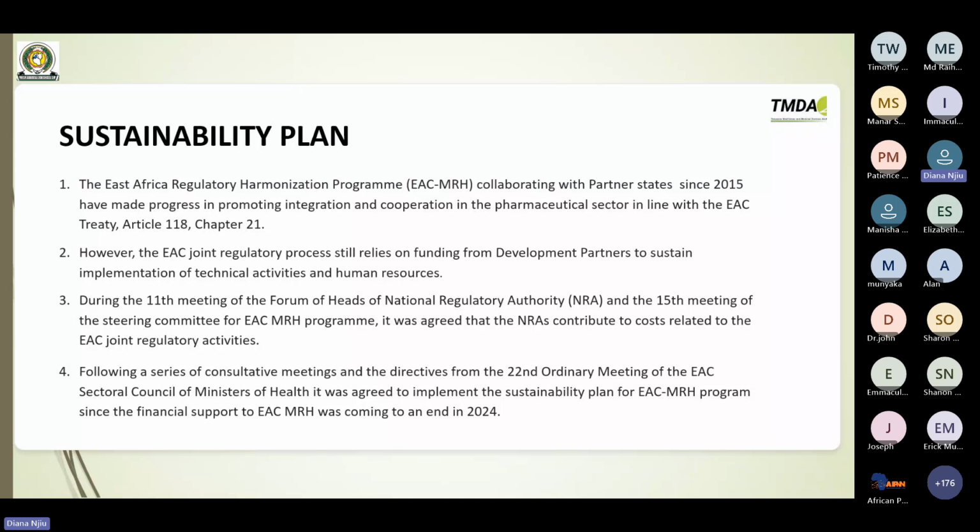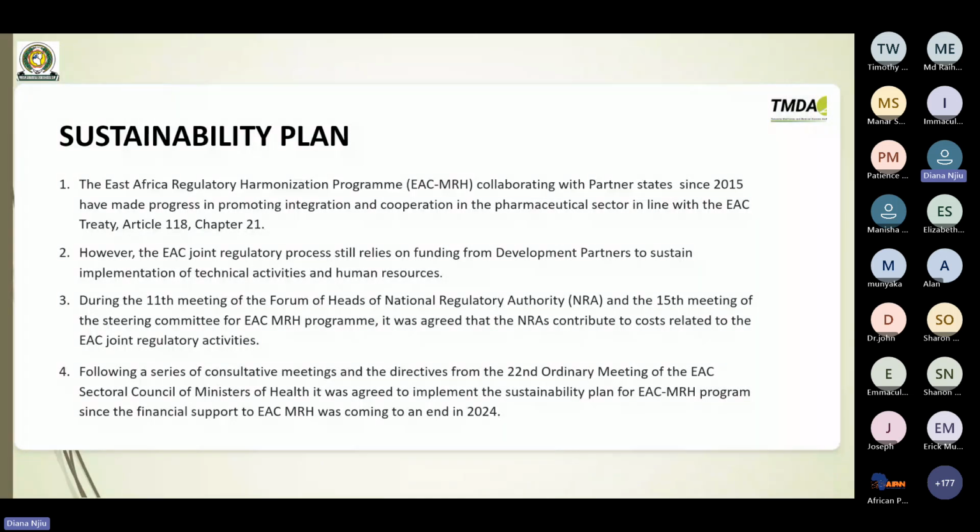The East African Regulatory Harmonization Program, collaborating with the partner states since 2015, has made progress in promoting integration and cooperation in the pharmaceutical sector in line with the EAC Treaty, Article 118, Chapter 21. However, the EAC joint regulatory process still relies on funding from development partners to sustain the technical activities and human resources.